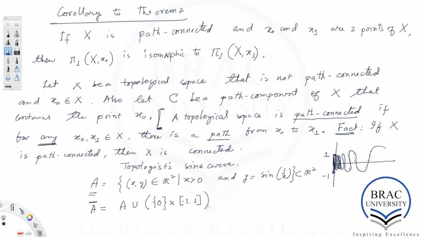So this curve union this line segment is connected, but this closure of A is not path connected. I'm not going to prove it.